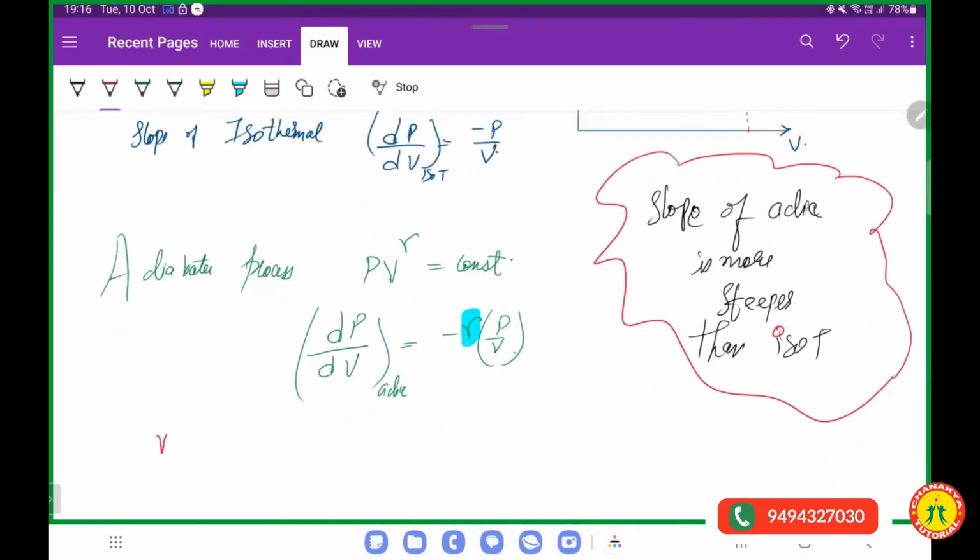So we can write here gamma equals Cp by Cv.